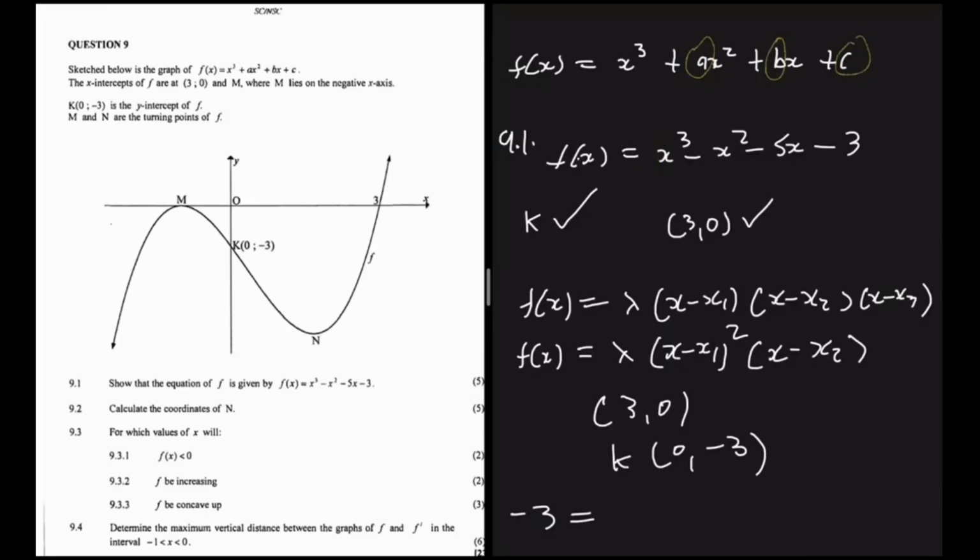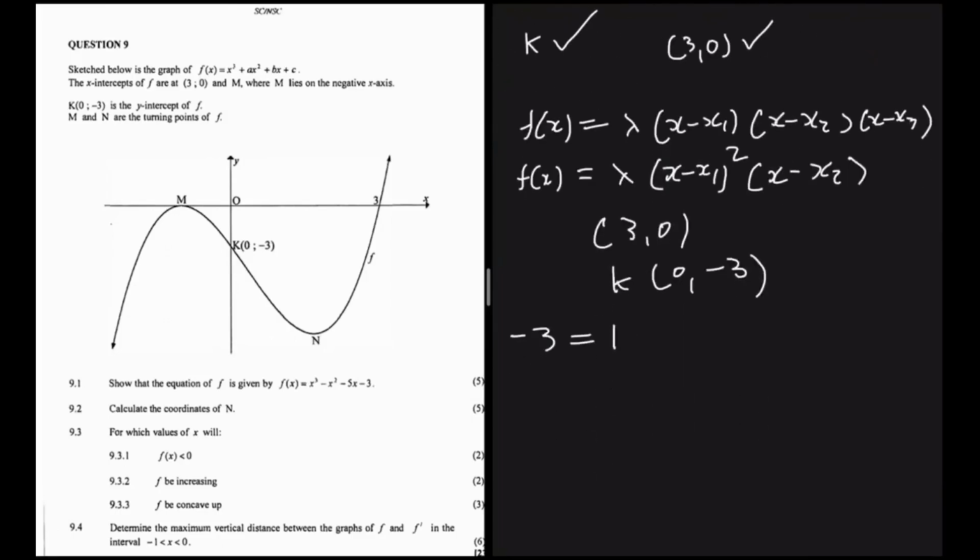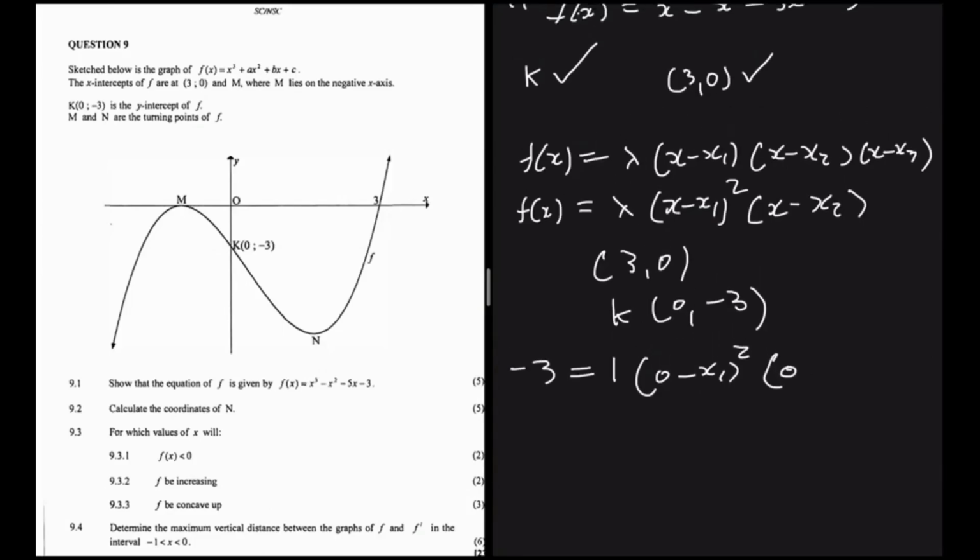So we're going to have 1 multiplied by x minus x1. But wait a minute, we know what x is because we're substituting k, right? So here we're going to have 0 minus x1 squared, and then we're going to have 0 minus x2. x2 is 3, right?